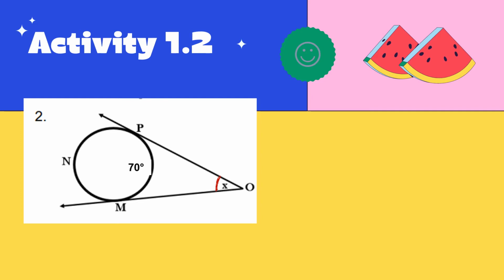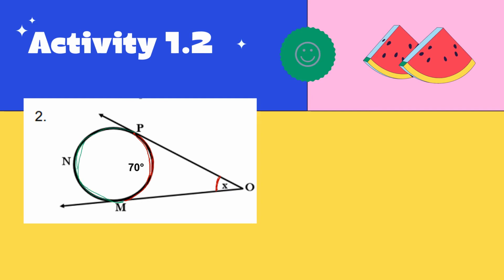Now, the smaller arc here, which is arc PM, measures 70 degrees. Before we get the value of angle x, we first need the measurement of arc PM, which is the major arc.